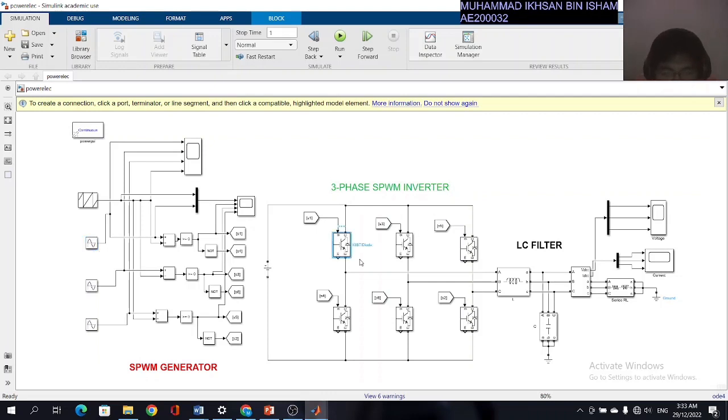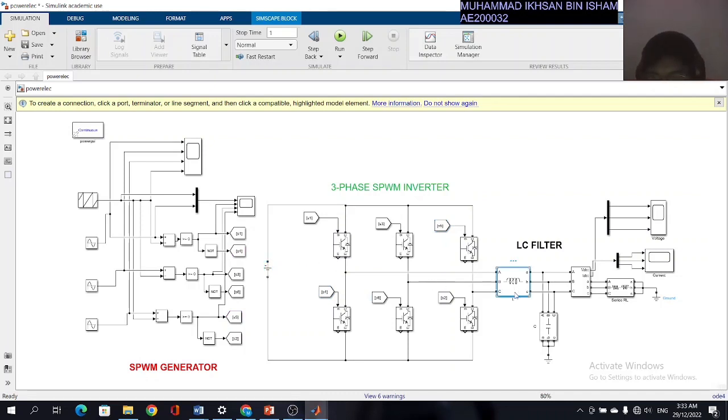Then we go to the three-phase SPWM inverter. Here we have IGBT diodes, 6 IGBT diodes, and here we have 6 switches, and then here we have the DC voltage source, which is 1000 volt.